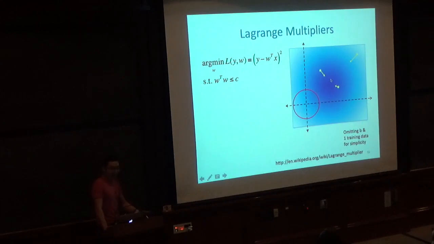Now let's say we don't want to learn over all possible W. I only want to learn the loss minimizer for W whose squared radius is less than C, or whose radius is less than square root of C.